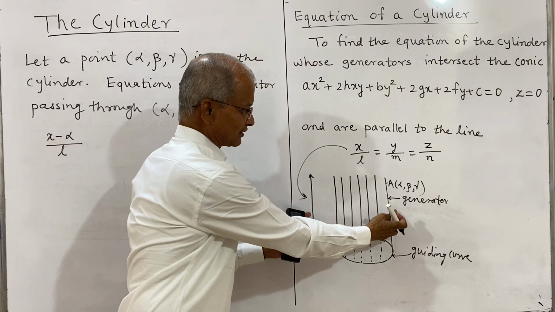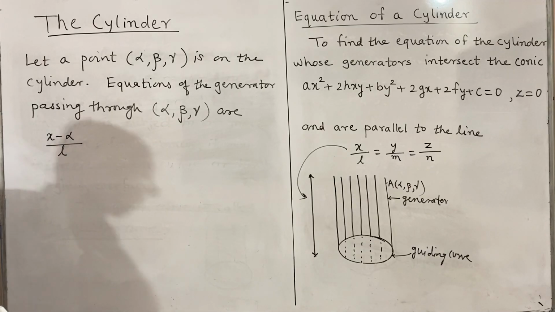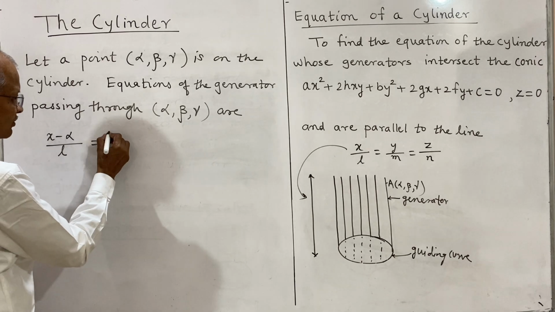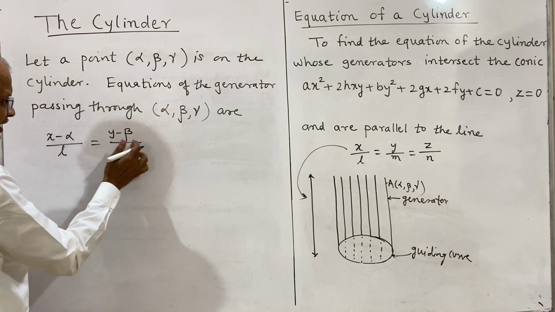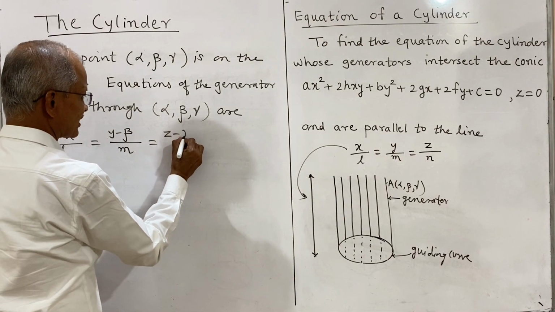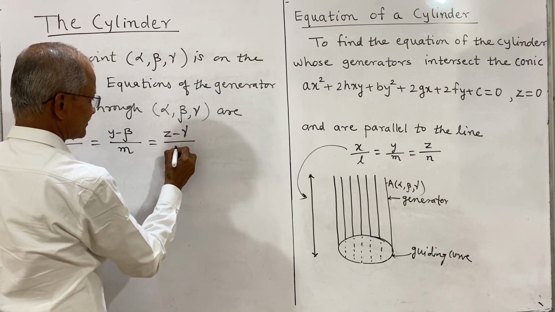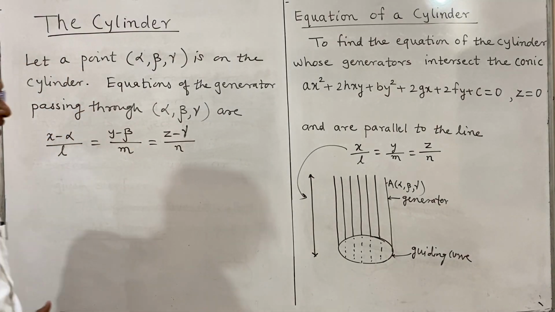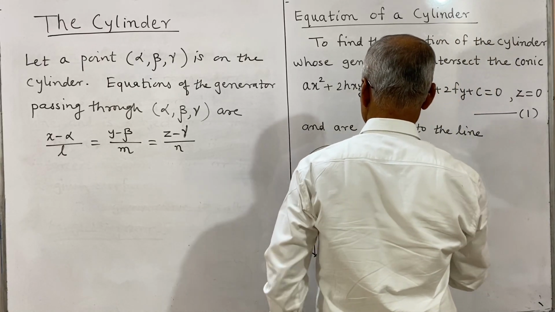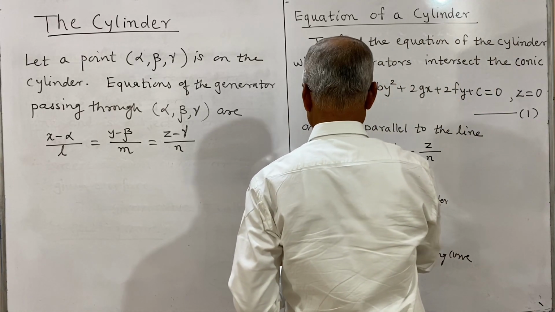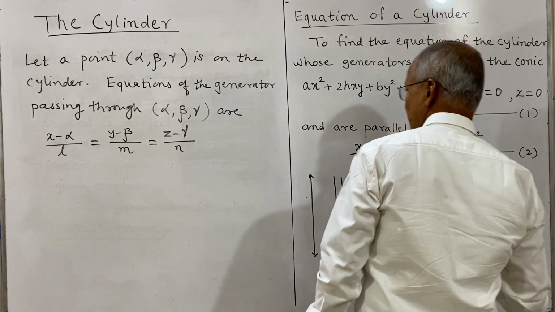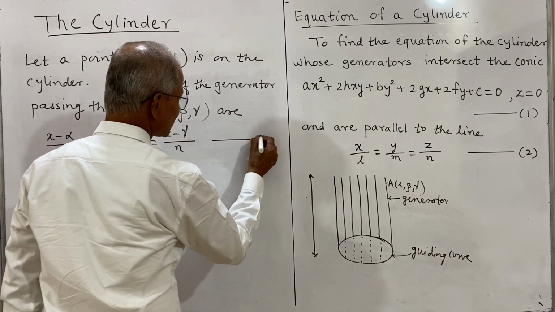These lines are parallel, so their direction ratios are the same, and that is equal to (y − β)/m = (z − γ)/n. So we shall assume the equation of this conic as 1, the equations of the line as 2, and the equations of the generators parallel to this line as 3.